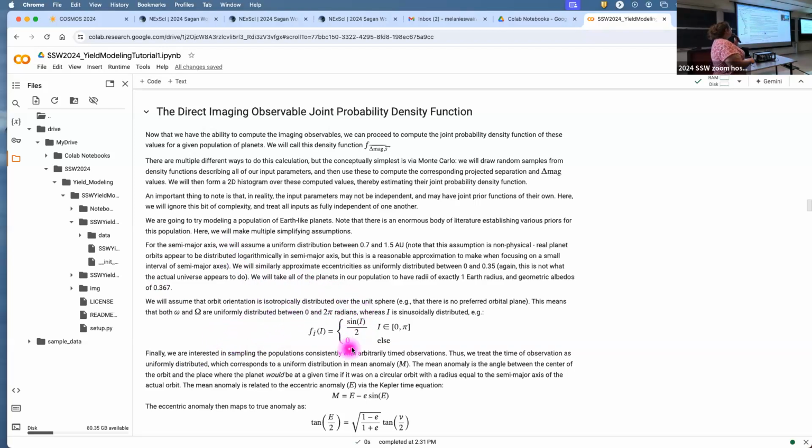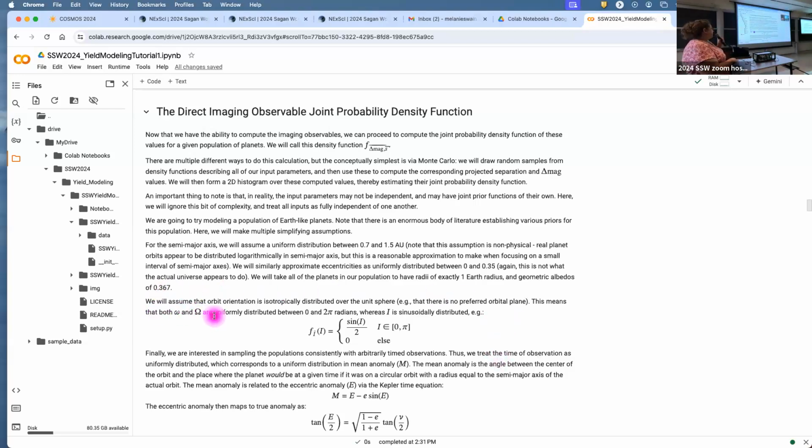And then we have to decide statistically how we feel about the other parameters. So we're going to do the orbit orientation. We're going to isotropically distribute it over the unit sphere, i.e., we're not going to assume that there's a preferred orbital plane, like a disk that all of this cloud of planets wants to be in, because we're trying to do statistics right now about this cloud of planets.